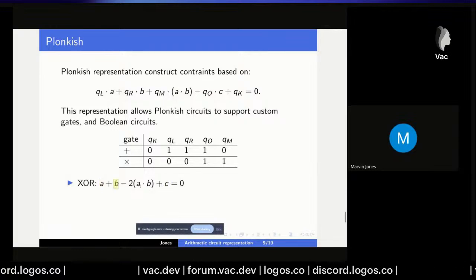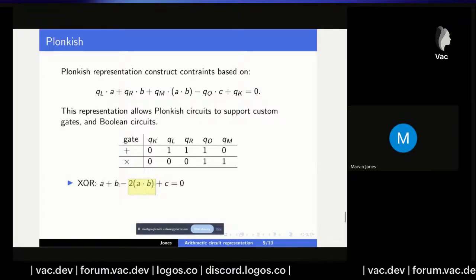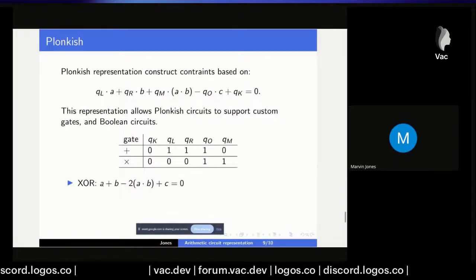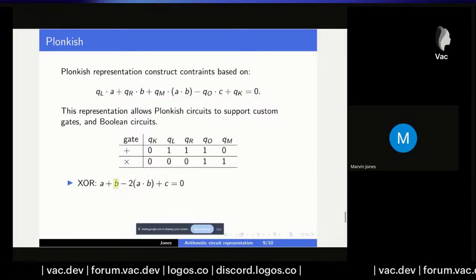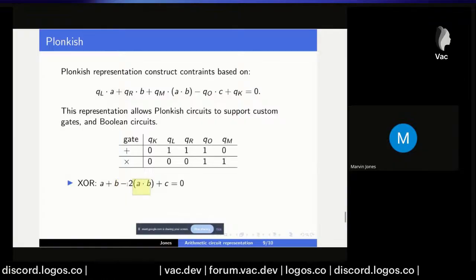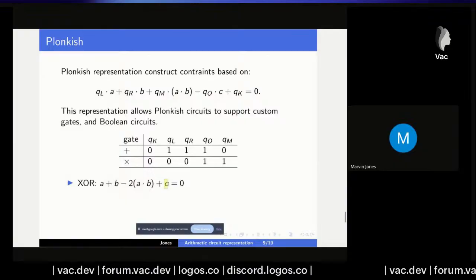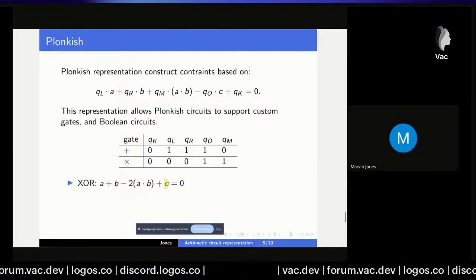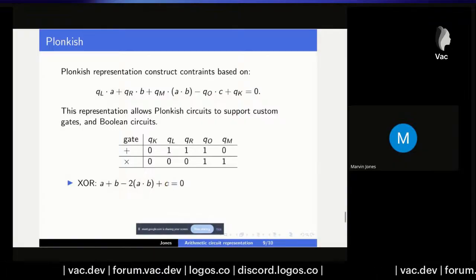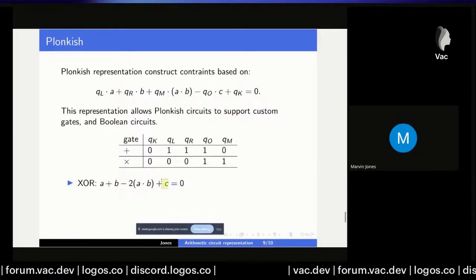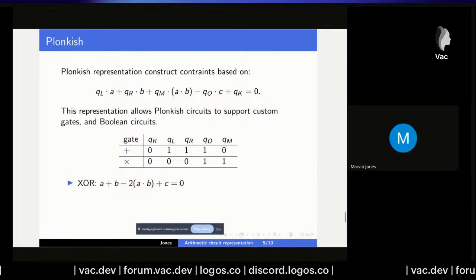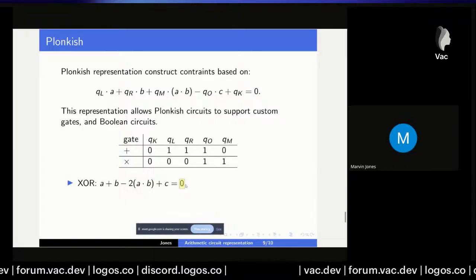So 1 plus 1 minus 2. So that's 0 plus 0 plus 0 is 0. So that's good. And if I had just one of these as 1, then 1 plus 0 is 1. 2 times 1 times 0 is 0. So I have 1 plus, and obviously if I have 1, the correct answer from 1 XOR 0 is 1. Can't speak. So this is 1 plus 1, but this should be mod 2. So 1 plus 1 is 0. So yes, that checks out.